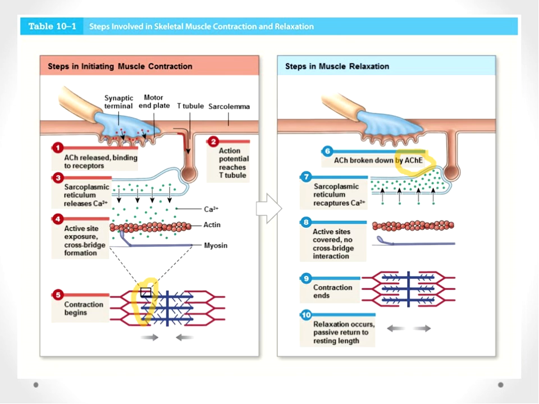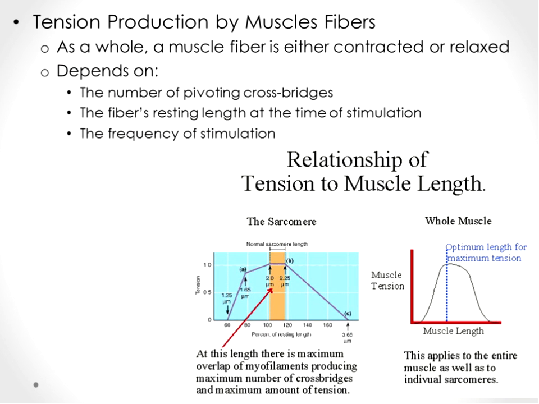As it's no longer binding to the receptor, the sarcoplasmic reticulum is going to start to pump the calcium that's in the sarcoplasm back into sequestration in the reticulum. Without calcium, tropomyosin is going to push back onto the active site, so myosin and actin can't interact. And then through the natural recoil of the proteins, they're going to go back to a position where there's a little bit of overlap, but not as much overlap as was occurring with the contractile sliding filament theory.